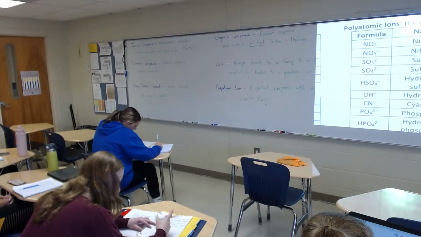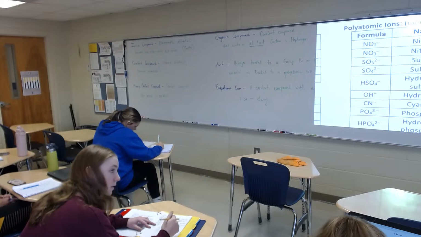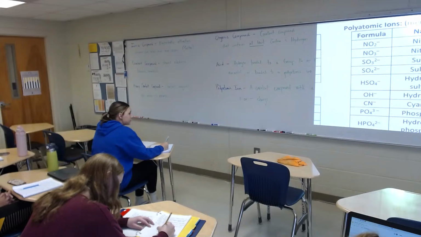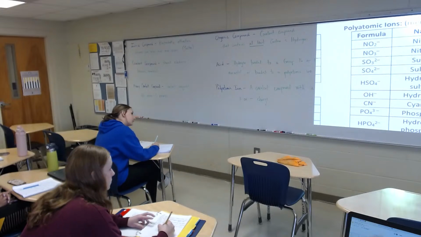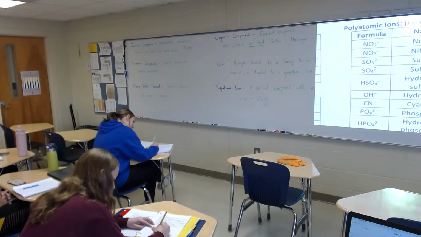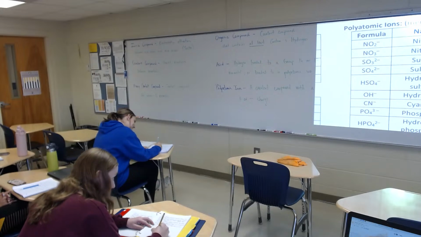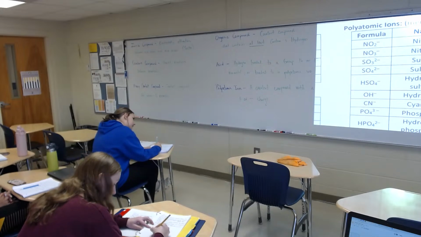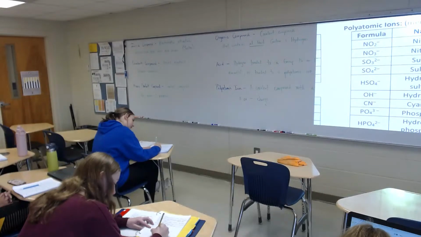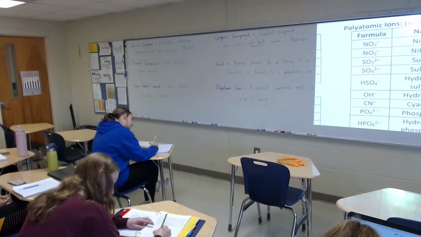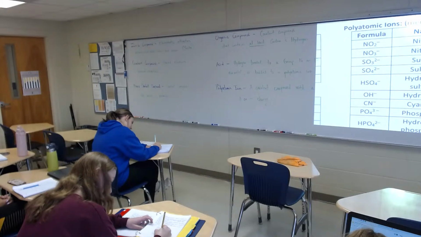All right, what is a cation, by the way? Positive, right? A stable positive ion. And an anion is a what? It's a negative, okay? Since we know that metals lose electrons to make cations and nonmetals gain electrons to make anions, then a metal bonded to a nonmetal will be an ionic compound.